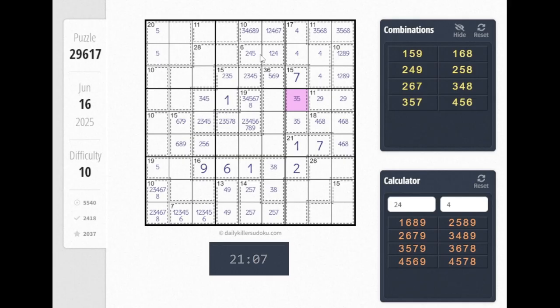There doesn't seem to be good spots. There's a 4 there, then it becomes 5, 1, 2.